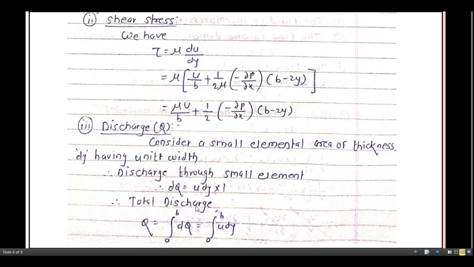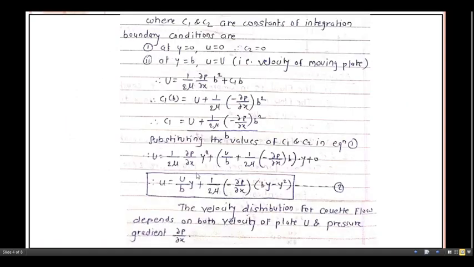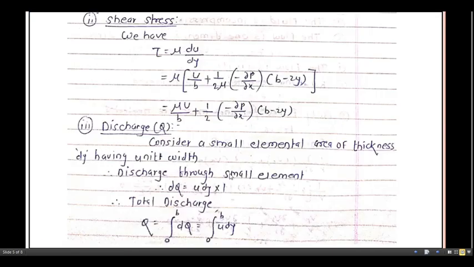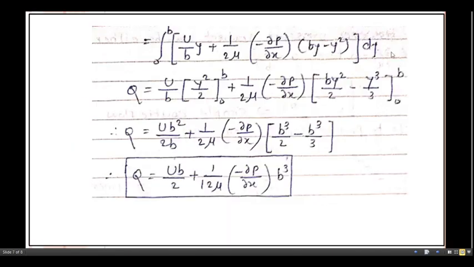Total discharge, by considering the boundary condition, putting the limit from 0 to b, q equals integration of dq from 0 to b. And what is this dq? u into dy multiplied by 1, so simply this term remains. We already know the value of u from this step, so pick up that value, substitute here and simplify.